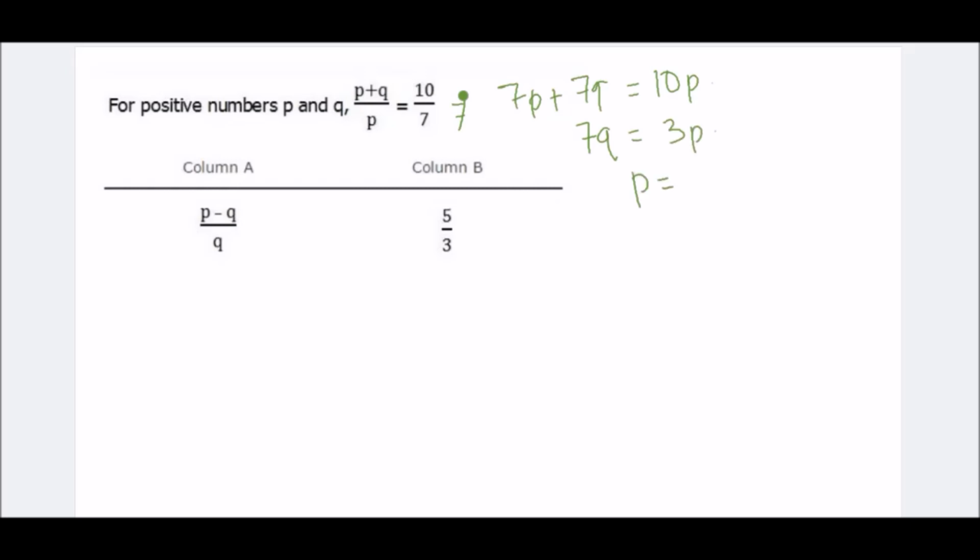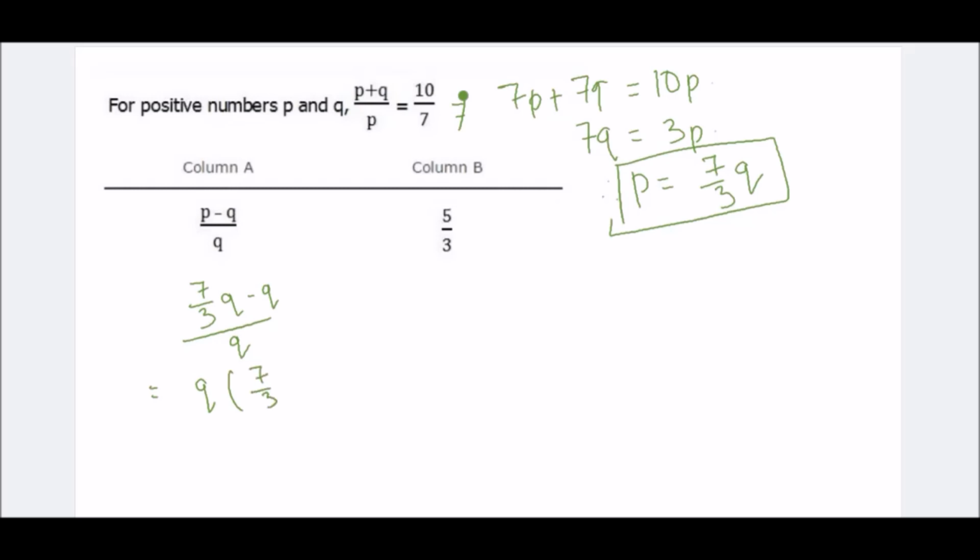So P is equal to 7 by 3 Q, and we substitute this P value in column A. So P becomes (7 by 3 Q minus Q) divided by Q. Above we can take Q common, the remaining will be in brackets 7 by 3 minus 1, divided by Q. So Q is eliminated. 7 by 3 minus 1, the value becomes 4 by 3.